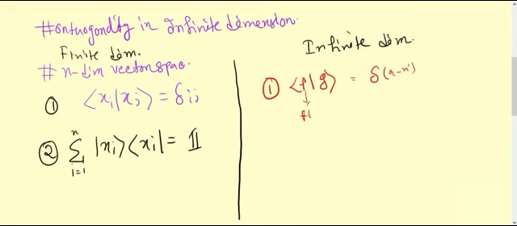Here f is similar to f of x, and g is similar to g of x prime, and this delta is actually a distribution. Sometimes we even call it a delta function, but that's not appropriate; this is a distribution.